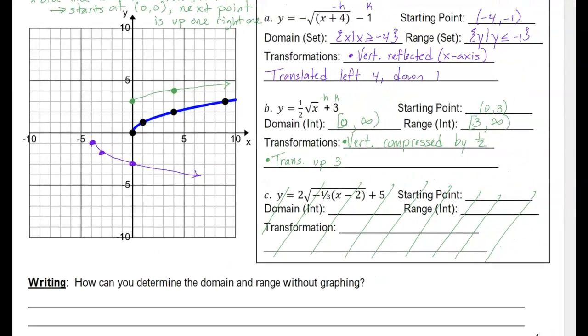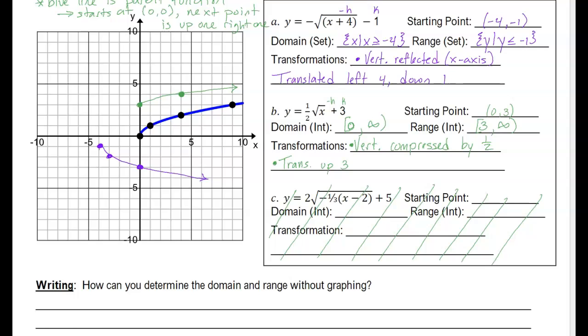So take a look. How can you determine the domain and range without graphing? On a radical, what value determines our domain? The h value, right?